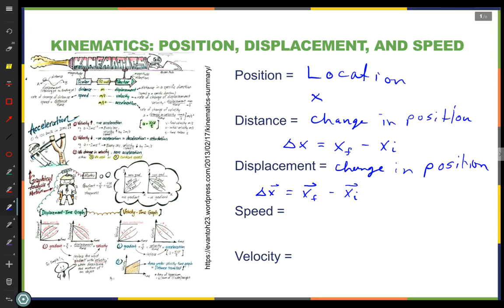So speed, in physics words, is the rate of change in position. Those words are meaningful, kind of. The rate of change means how much change per time.